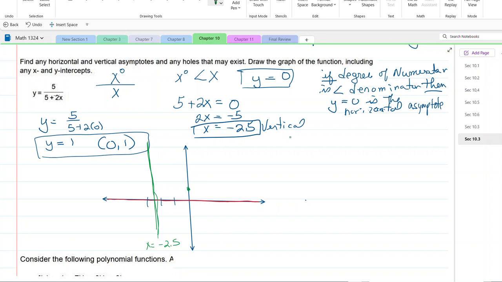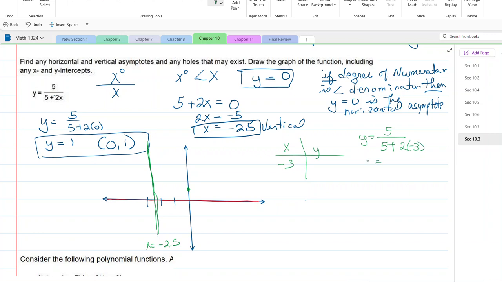So we're going to find that value as it approaches negative 2.5. So we're going to let x equal negative 3. That's on this side. So if x is negative 3, y equals 5 over 5 plus 2 times negative 3.